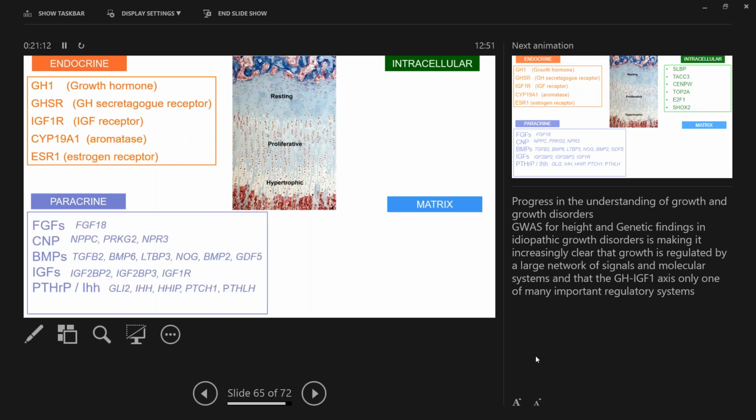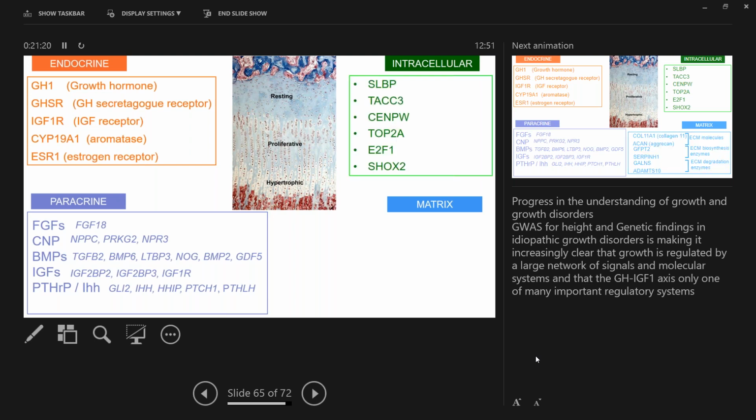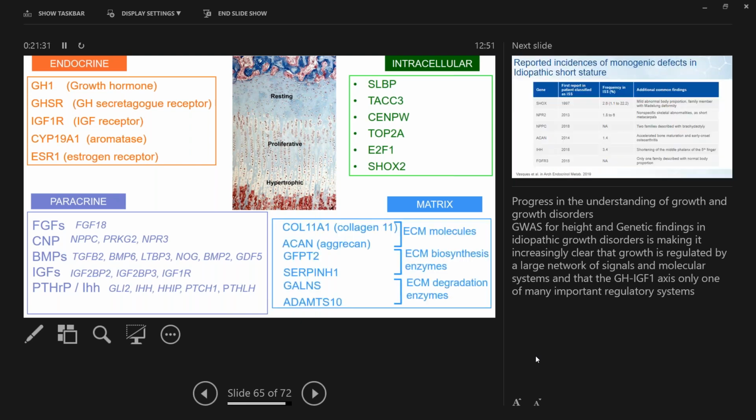We found paracrine factors, again, the same ones that I've talked some about, and some additional. We found genes related to cell cycle regulation, which makes sense since there's a lot of proliferation going on. And then many matrix-related genes, including our friend Paracrine here.